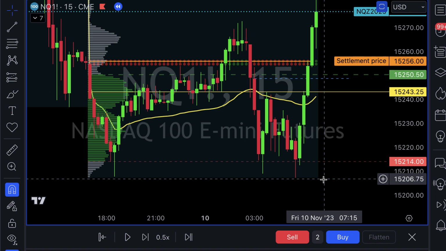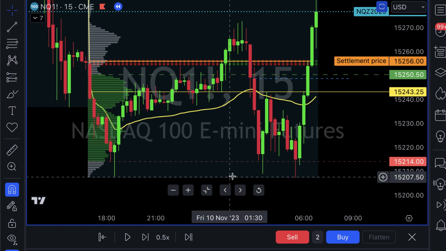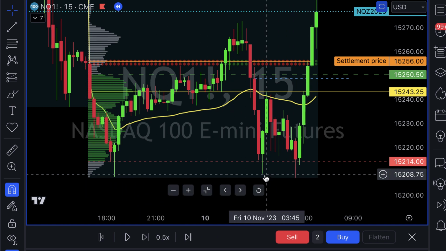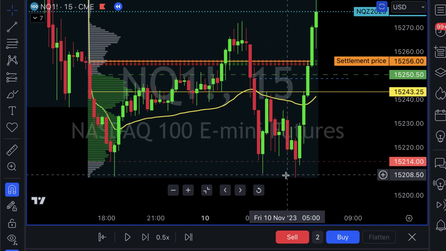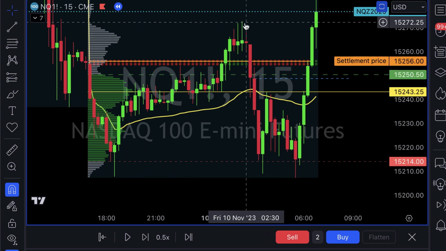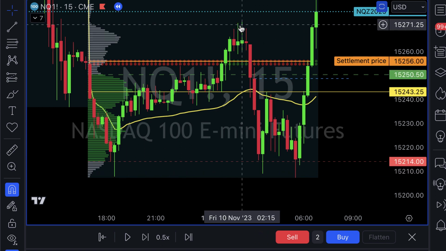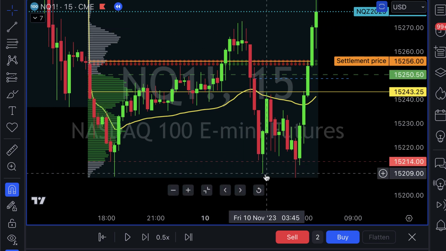Everything is based on market auction theory, meaning down here, everybody said price is cheap. I want to buy a hot dog, I can get a hot dog for $2. So everybody's like, price is cheap. Up here, price is too expensive. I'm going to get rid of my hot dog, I won't buy it. So then price has to come back down until it's cheap enough. That's the whole theory.